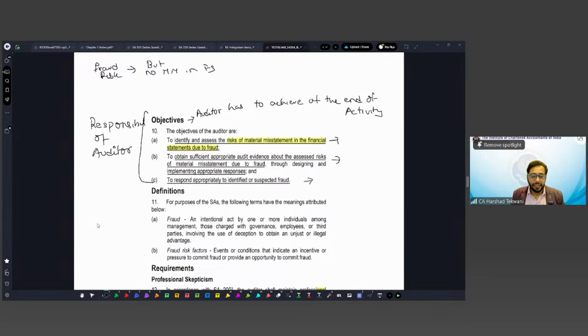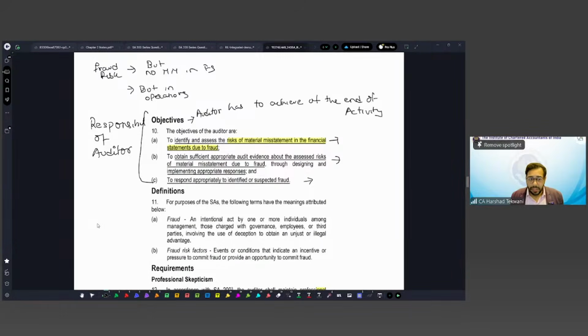Let's say fraud risk not in FS, but in operations or somewhere else, which is not impacting your financials. Will you be concerned with that? No, you will not be bothered by that. Unless and until something is impacting your financial statement, you will not look into that. Correct?